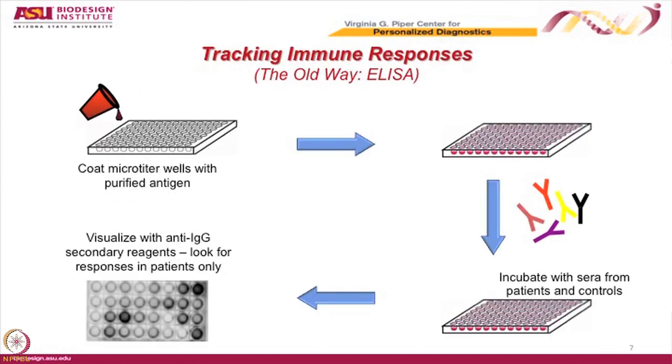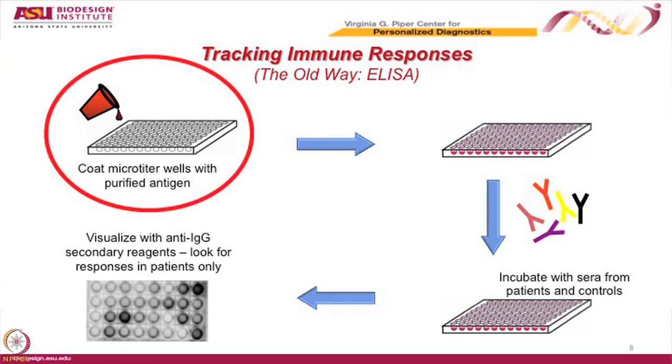So you remember, I think we talked about this, but I'm going to reiterate a few things in the next few slides, that the classic way to measure an antibody response is this assay called the ELISA assay, which stands for enzyme-linked immunosorbent assay. But nobody says that. They just say ELISA. And the idea is you put your protein in the wells of a dish.